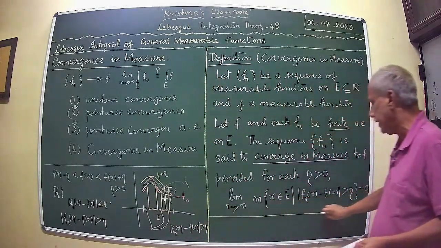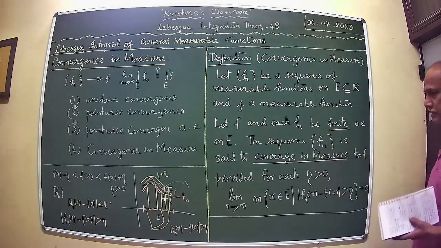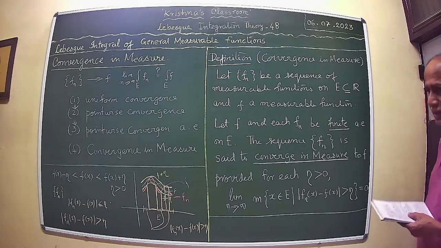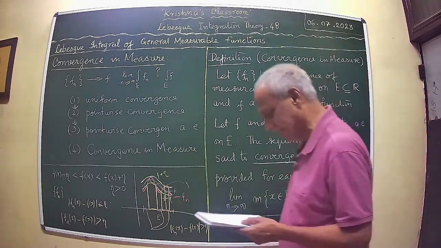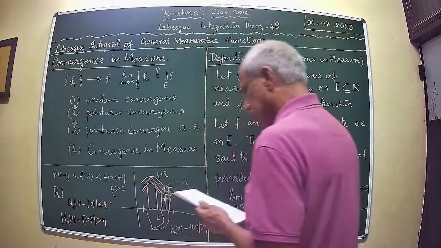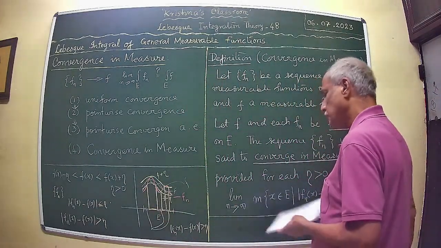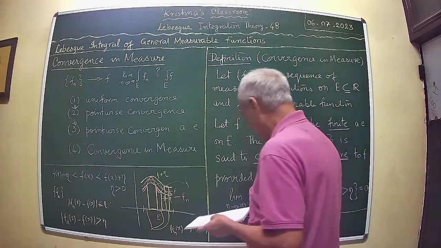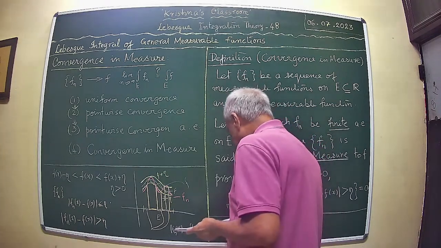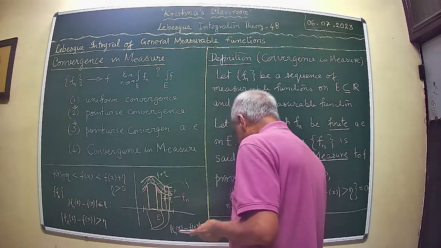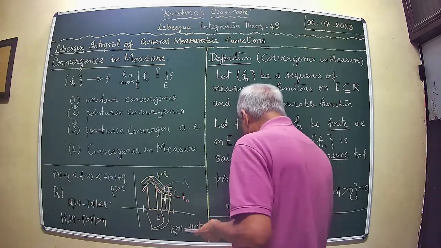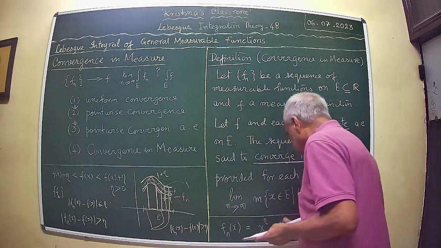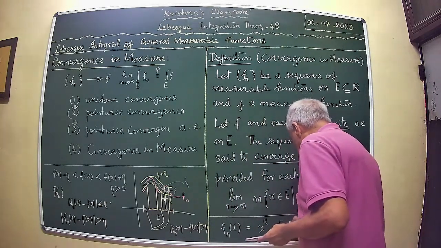Now this idea, I think you'll have to look at very closely, and maybe when we look at some example, it will be clear what kind of complexities can arise. We will later consider an example. For instance, look at Fn(x) defined as x to the power n over the interval 0 to 1.